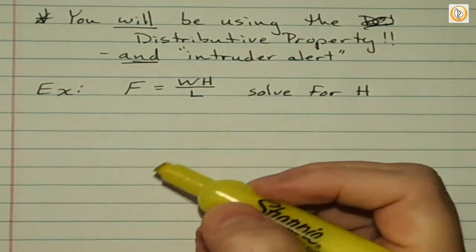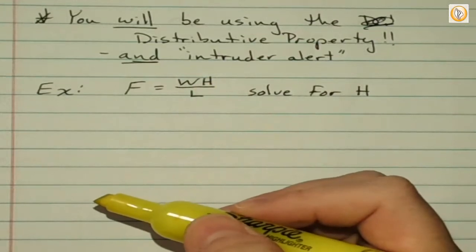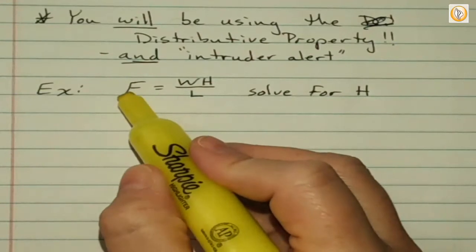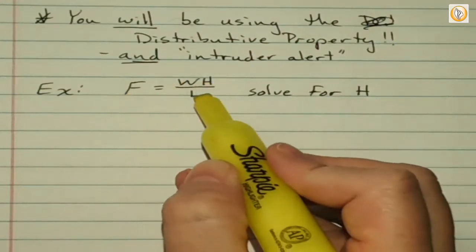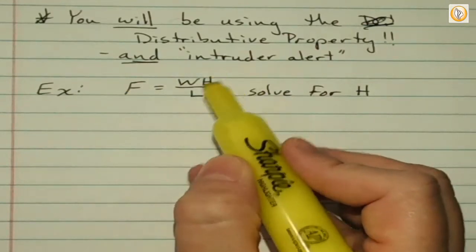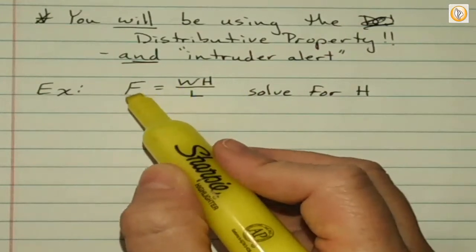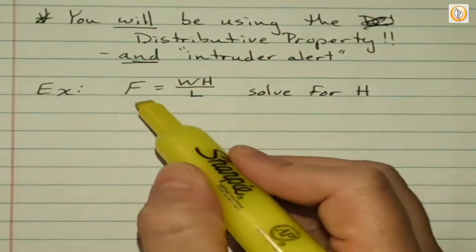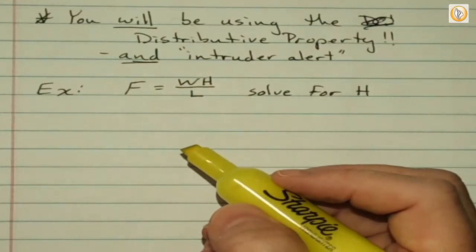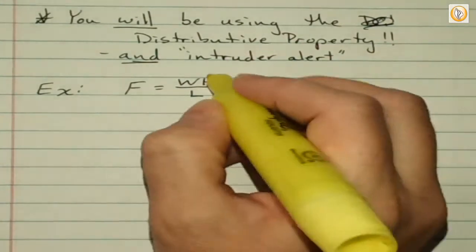If I were to have F, W, and L as just plain old numbers, y'all would be fine. If I had F as like 2, W as 3, L as 4, and then H is all by itself, you'd be like, okay, I'm H, this is intruder, this is intruder, here's the front door, here's the cop, I know what to do. But the minute you take the numbers out and throw a bunch of letters, it confuses a lot of people. Keep in mind, we're looking for H.